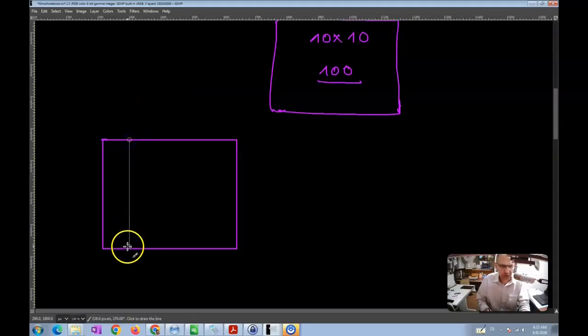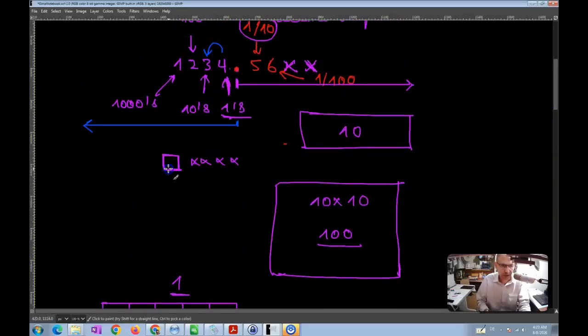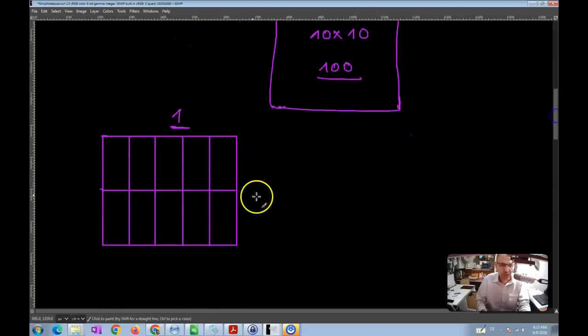So that's 1, 2, 3, 4, and 5, and then all divided by 2, that would be 10 equal parts. So remember that the value of this box is just a 1, meaning that it's the exact same box that I have over here. I have just simply enlarged it, and then I have divided the same thing into 10 equal parts, right?